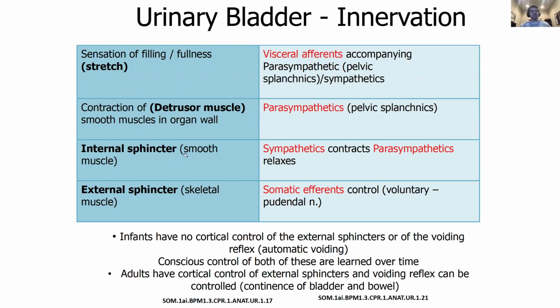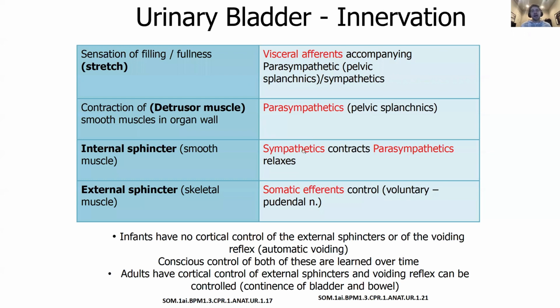That's what you're supposed to do when you pee. So you contract the bladder and open the sphincter so you can pee. Now, remember the external sphincter, when you really have to go and you have to hold it, that's skeletal muscle, so that's under somatic control. You control that yourself. But the internal sphincter is smooth muscle.